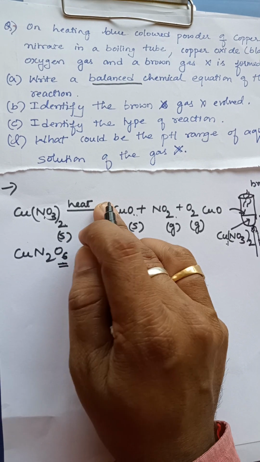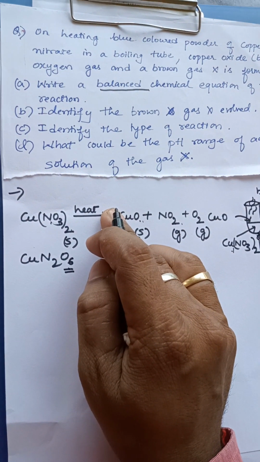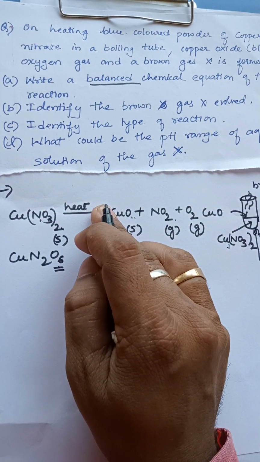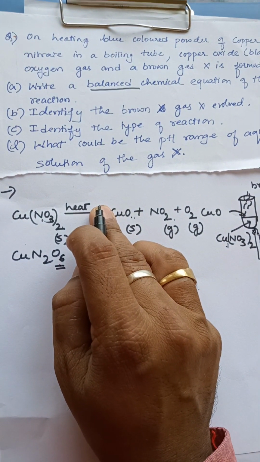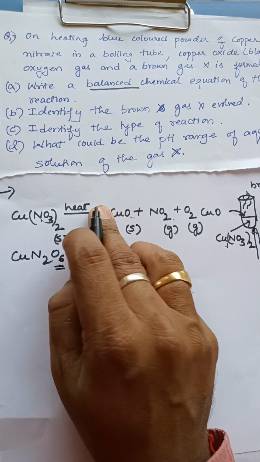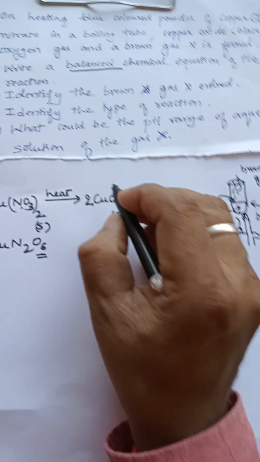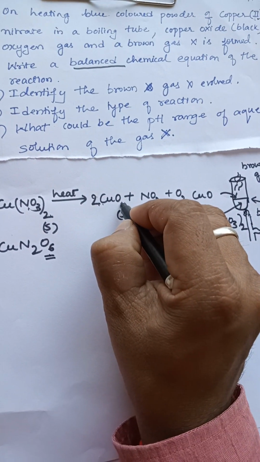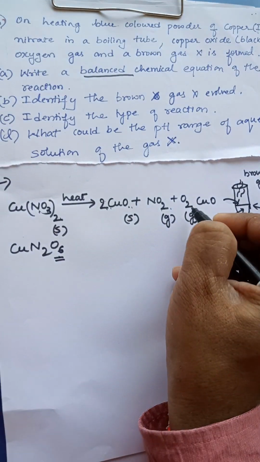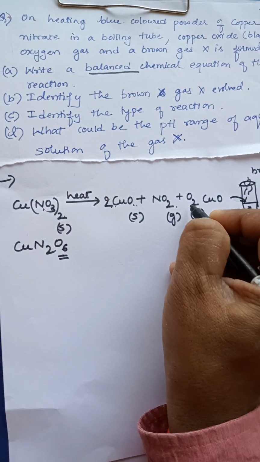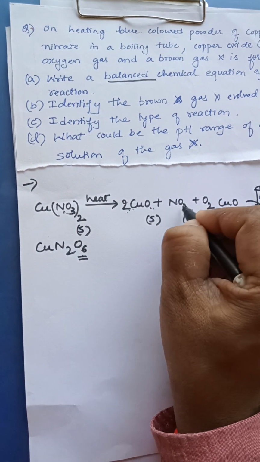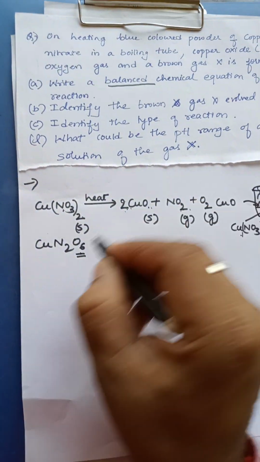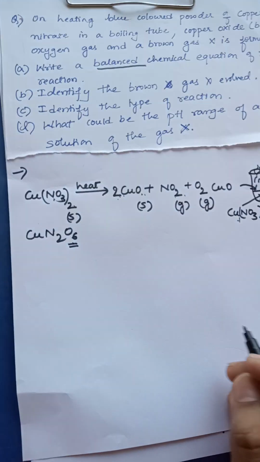So it becomes difficult to balance when the numbers involved are even and odd. So let us make the number of oxygen atoms even. That can be done by writing a 2 here. So 2 into 1, that is 2, plus 2 plus 2 will now become 6 after writing 2 here. The number of oxygen atoms in the product side is 6, and in the reactant side is also 6.